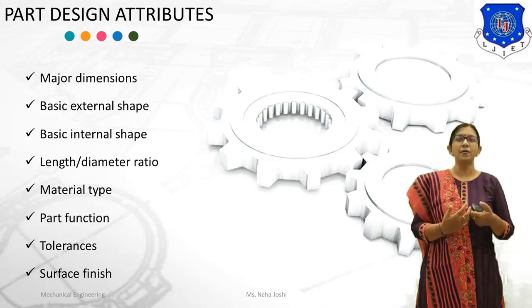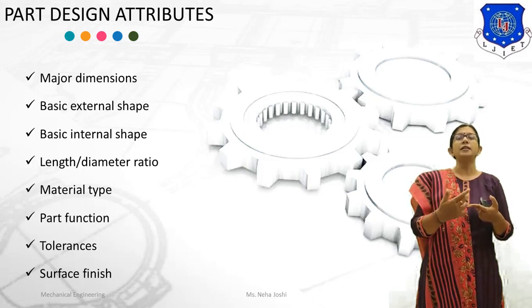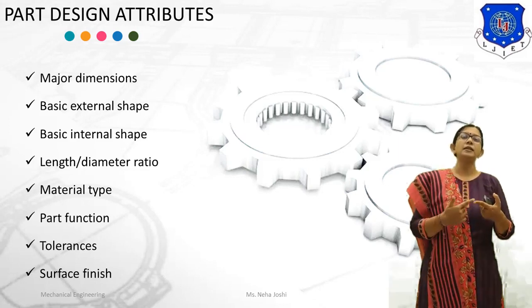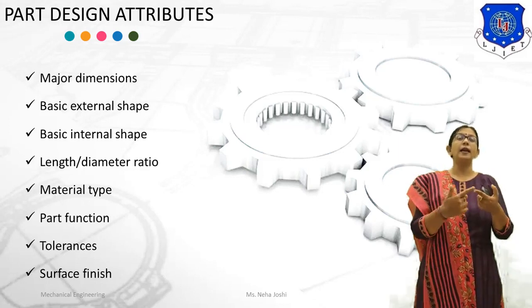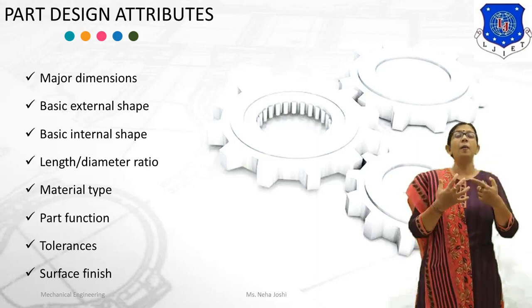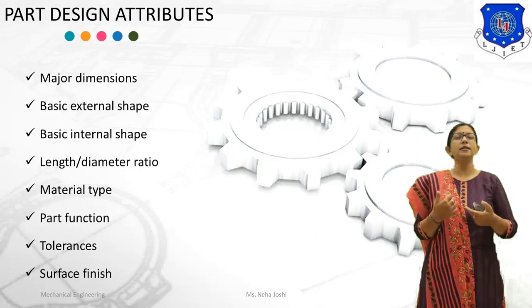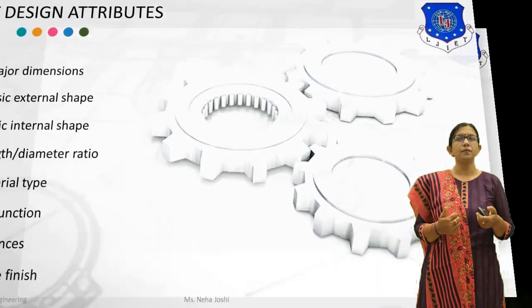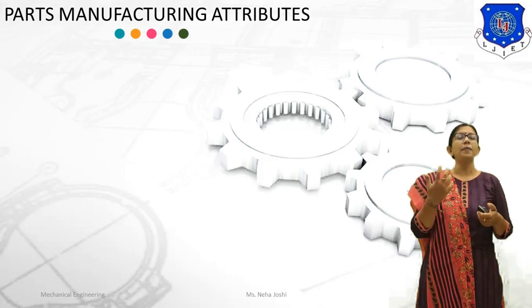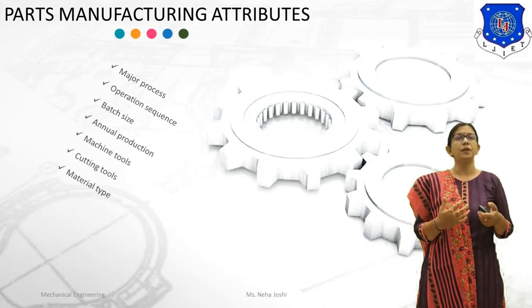The different design attributes used for part classification in this system are major dimensions, basic external shape, basic internal shape of the part, length to diameter ratio, then material type, part function, tolerance, and surface finish. Next is the system based on part manufacturing attributes.